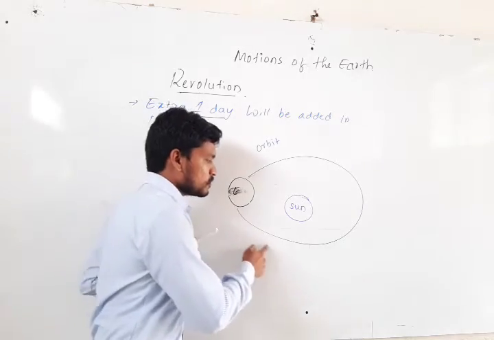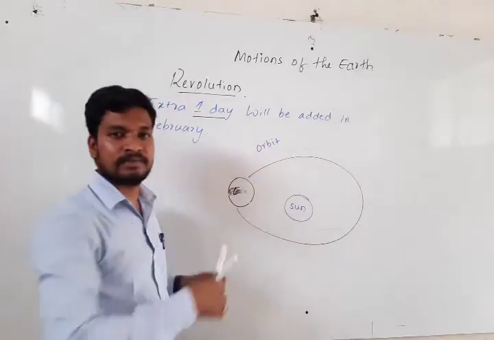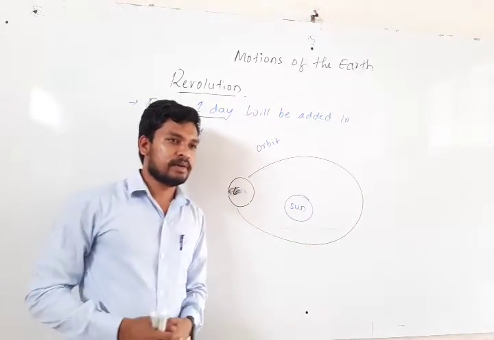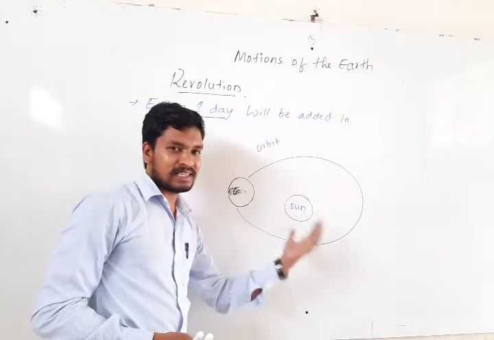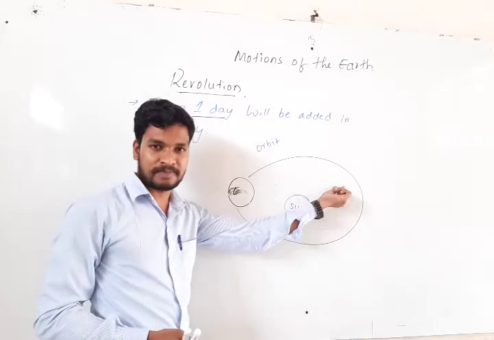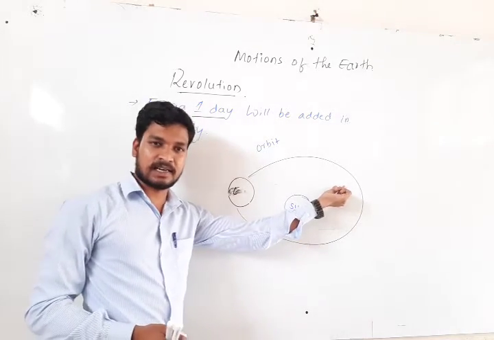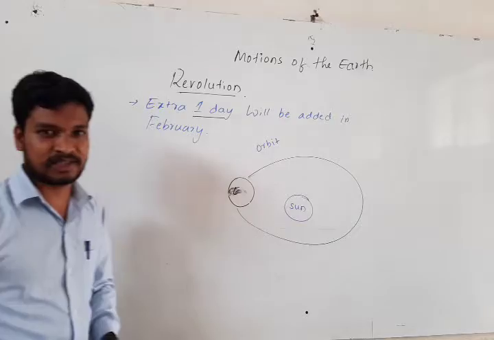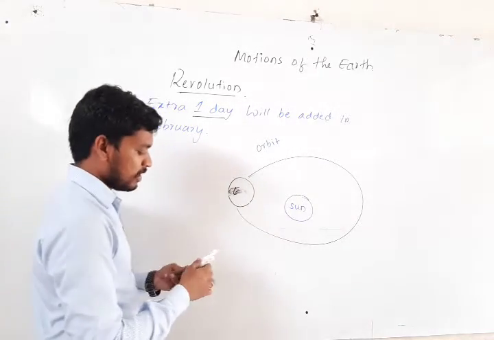Does it move around the sun in a circular way? What is the shape of this orbit? Is it a circle? No, it's not a circle actually. We call it an elliptical orbit.